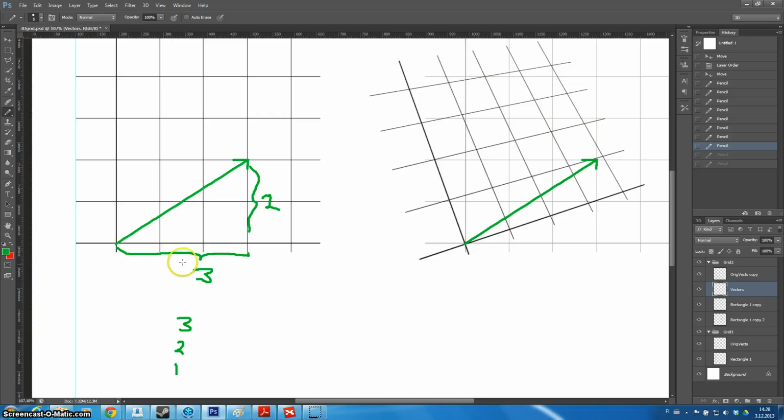So first I have this point over here, which I can represent like that, and that point is at 3, 2.